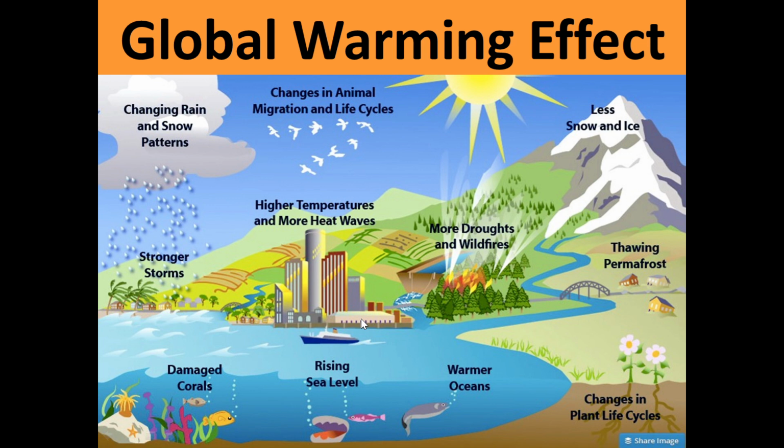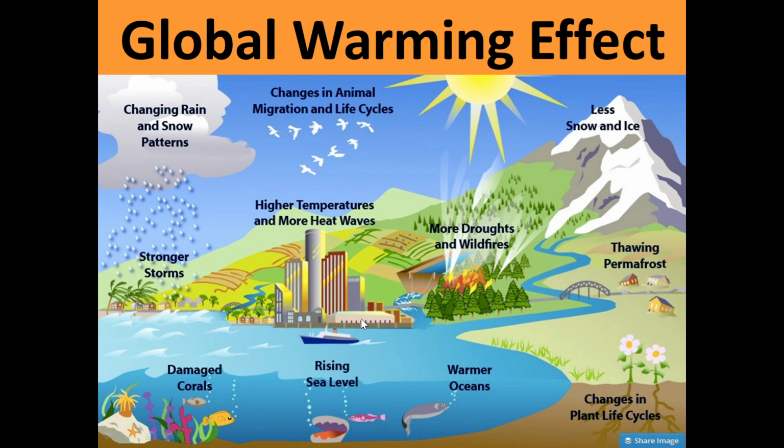Then we come to stronger storms. Frequent floods and frequent cyclones are also occurring due to some atmospheric phenomena. Rain and snow patterns are also changing. Due to this, the migration of animals and their life cycles are changing.